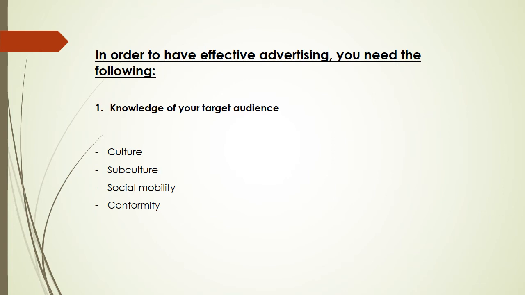Are you speaking to somebody who is happy to blend in with the rest of the community, or does this person want to stand out? And you use this information to formulate your advertisement in such a way that it speaks to that person, to what that person wants. And then lastly, you need to consider a person's reference groups.